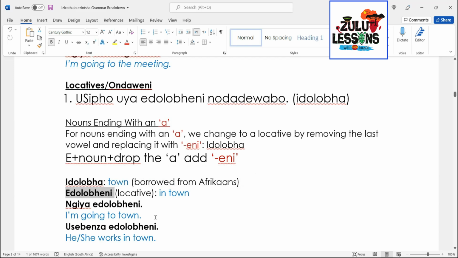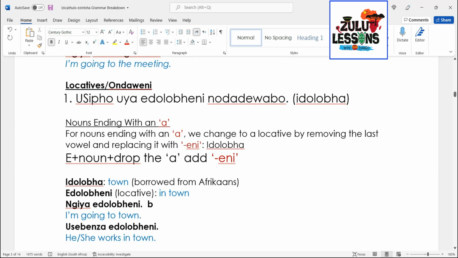Edolobheni. Let me say it slower. E, do, lo, bhe, ni. That BH there is a blown out sound, so it's explosive. But unlike the letter B on its own in isiZulu, which is implosive, like the noun father, ubaba.